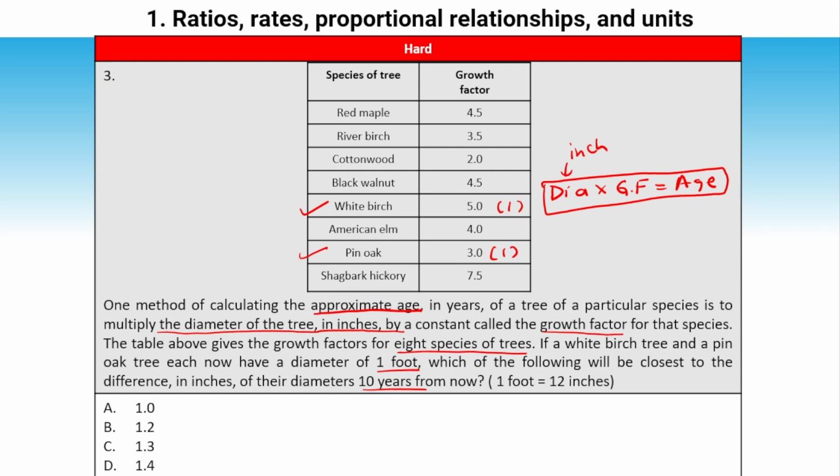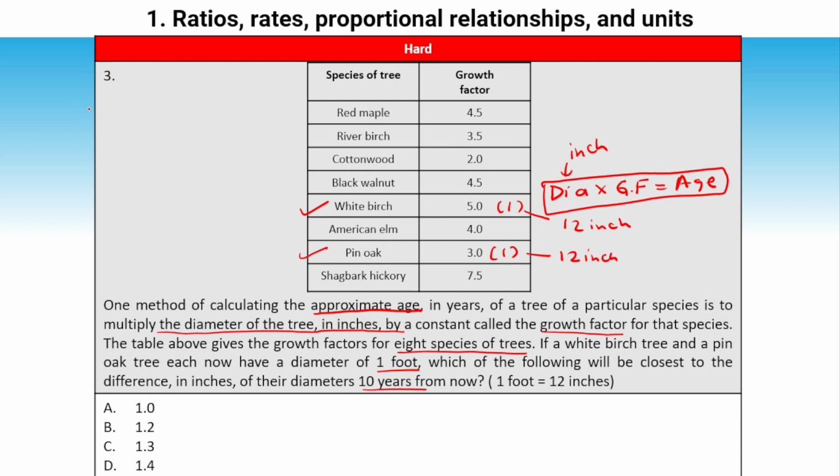Since 1 foot means 12 inch, they are 12 inch in diameter each. Now we have to find their age by using this formula.